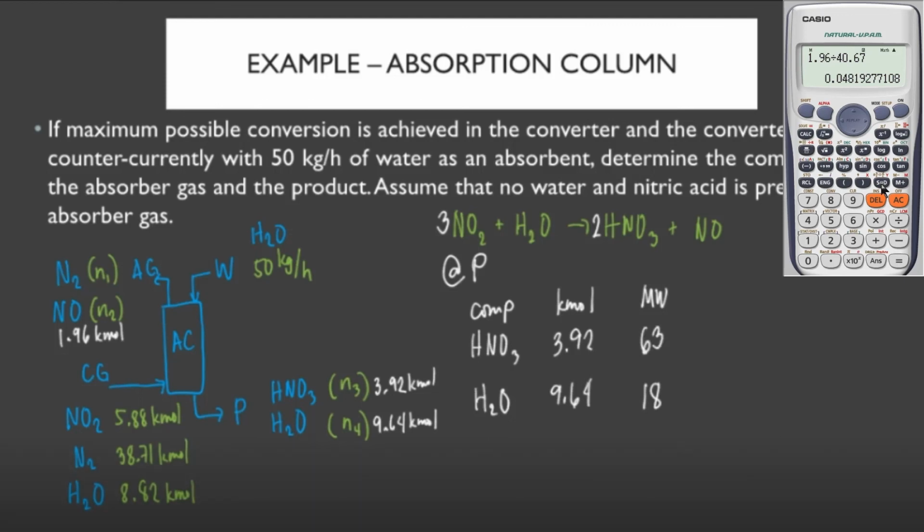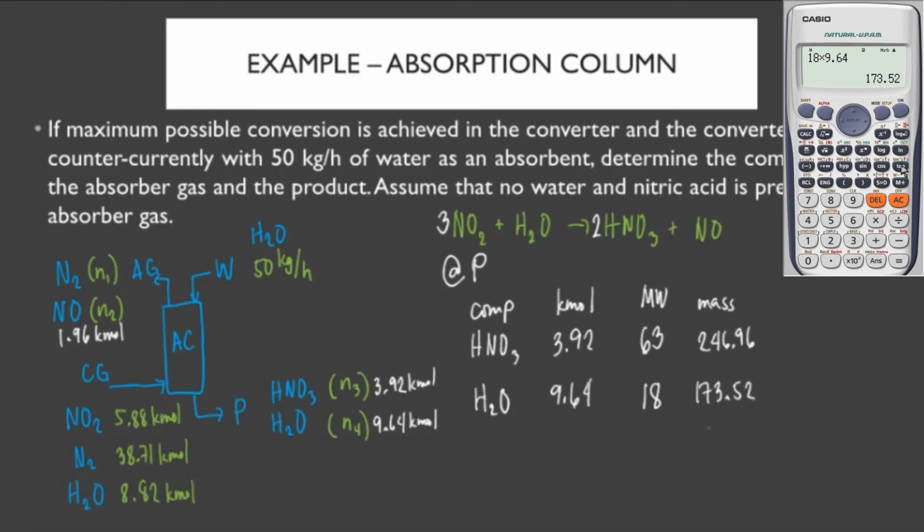We simply multiply the molecular weights with the number of moles of the components to get the mass of the substances. This is in kilograms. So we have 63 times 3.92 for nitric acid. We have 246.96 kilograms. While for water, that's 18 times 9.64. 173.52 kilograms.